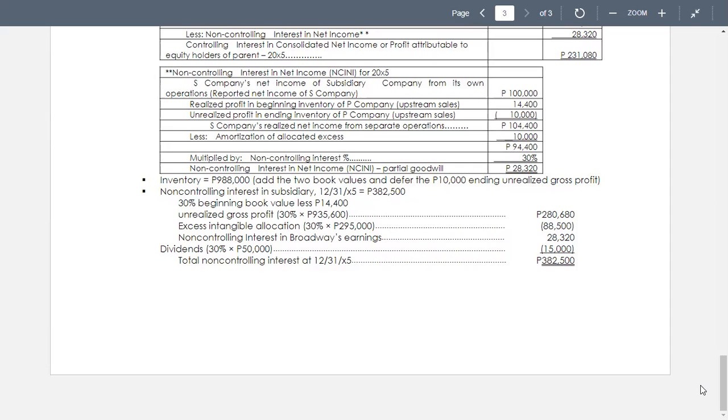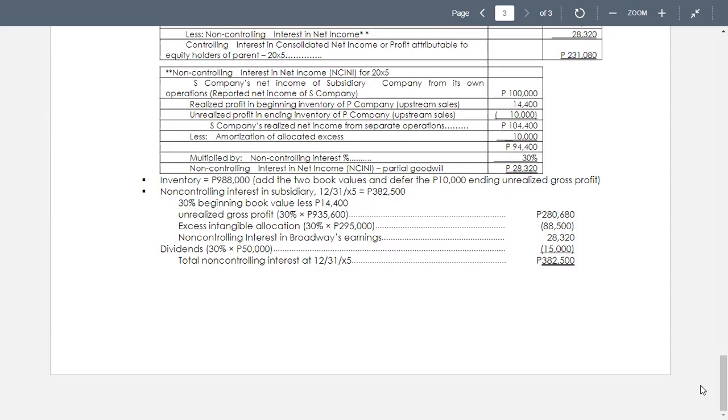The difference is 692,000. That's the gross profit in number 4. So the answer is letter C. I'll repeat the answers: number 1C, number 2C, number 3C, number 4C, number 5, D.